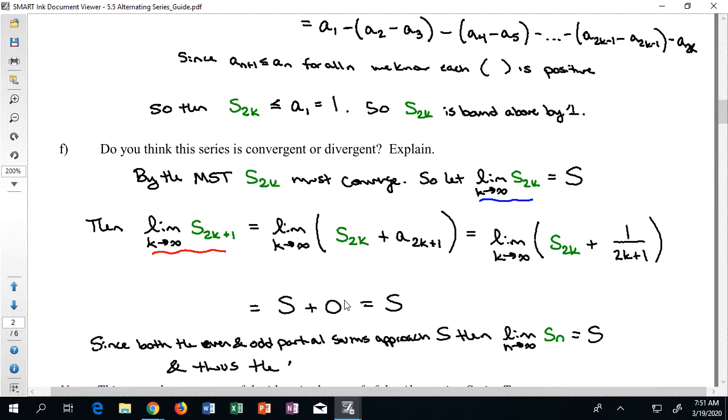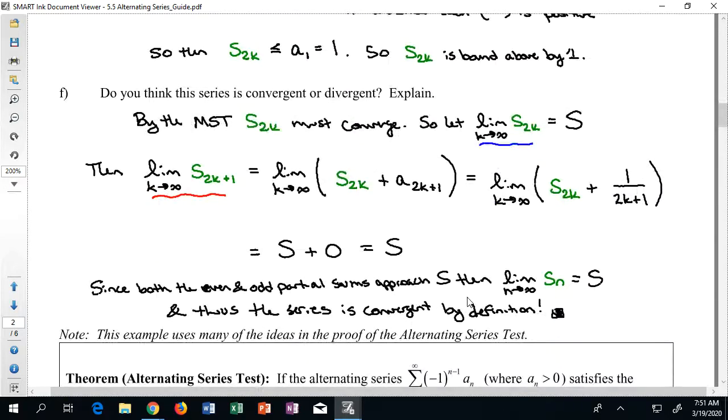And thus the series is convergent by definition. Remember that if the sequence of partial sums heads somewhere, has a limit, then that's the sum of the series. So this is a really long, complicated argument to ultimately arrive at the conclusion that this series converges.